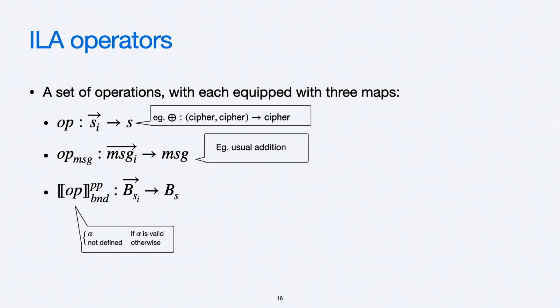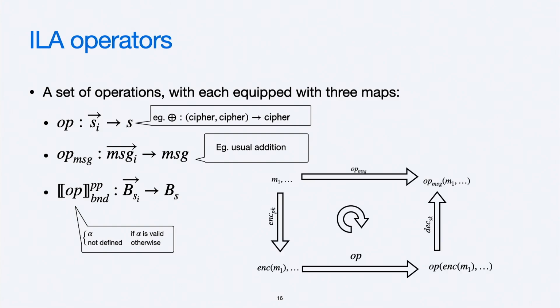Alpha is the bound, which is valid if and only if there are no overflows, and the map is not defined if the result has overflows. And then we have this commutative diagram, which is the correctness for the operator, and this comes from the theory of the correctness of the underlying FHE scheme.